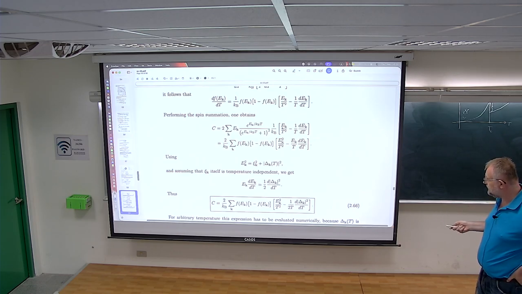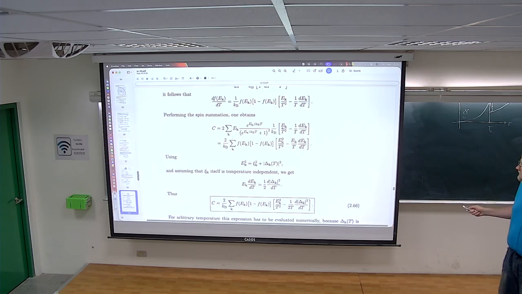Energy is just hidden in the delta, so basically the derivative of E_k with respect to temperature is nothing else than the derivative of delta with respect to temperature, because E_k depends on the temperature only via the delta. You can just check that this is also true.